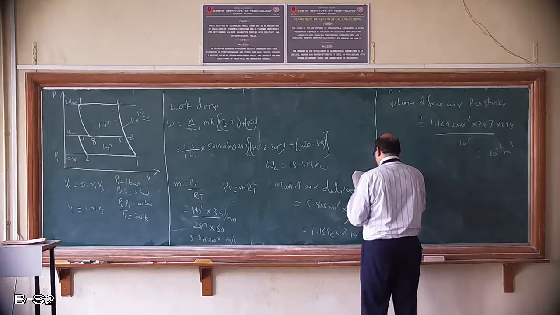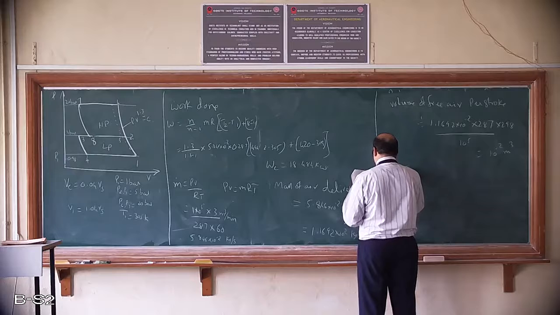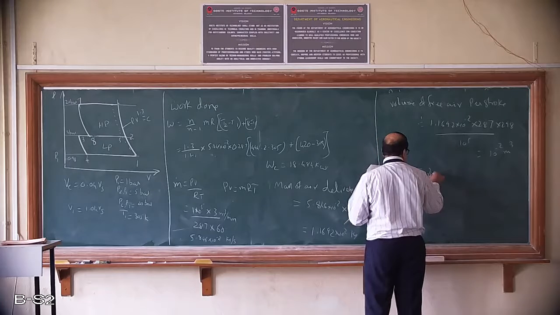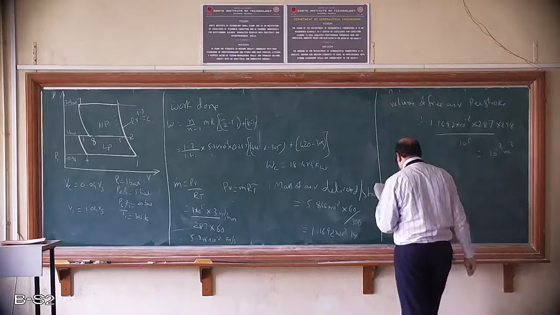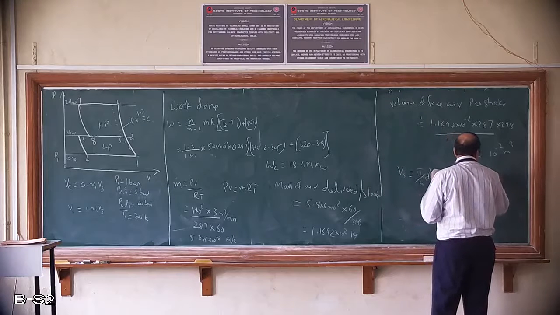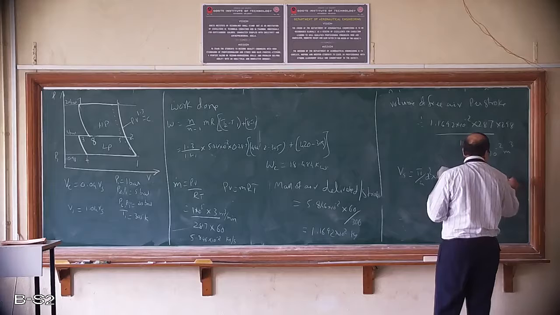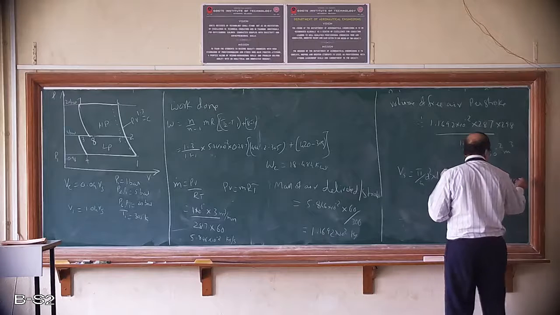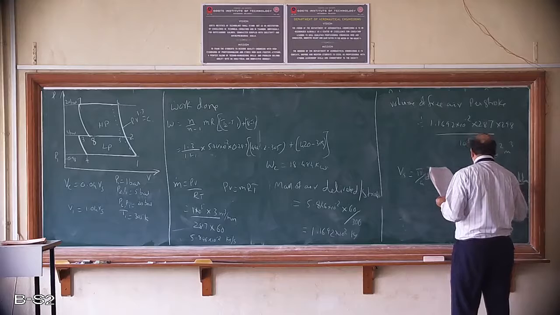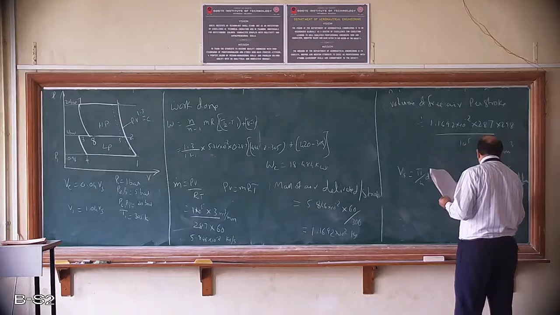So what is Vs? Pi by 4 d square into L, but we don't know d and L. This is nothing but volume of free air delivered per stroke divided by volumetric efficiency.